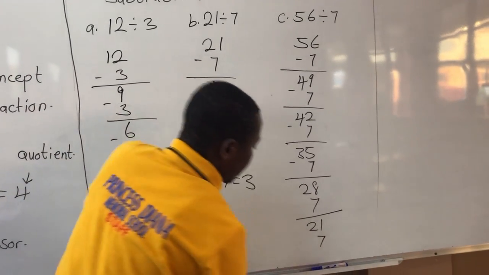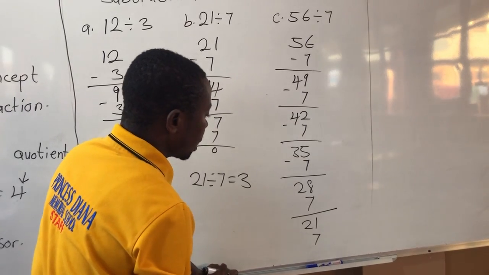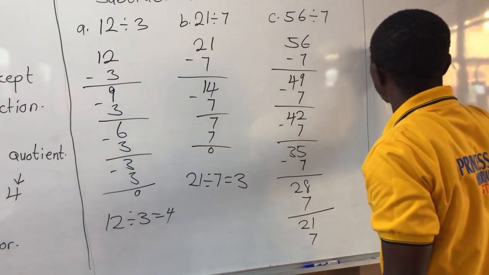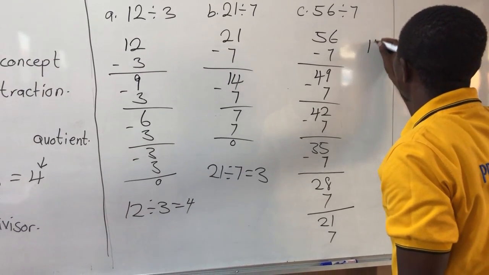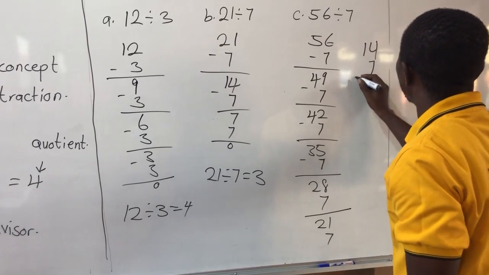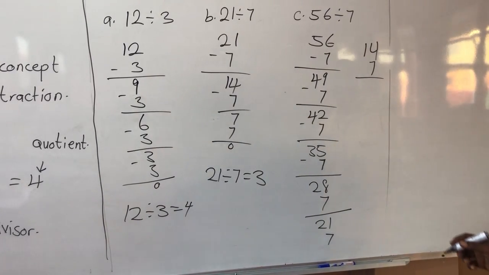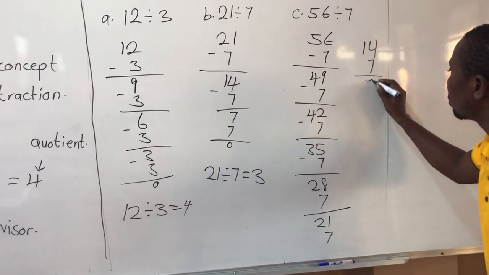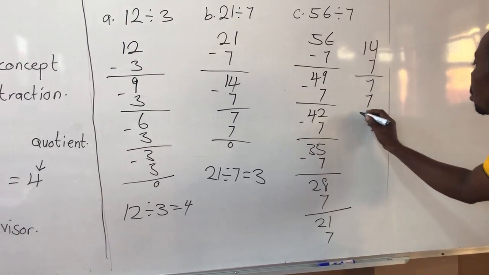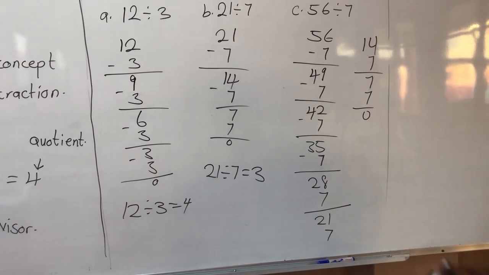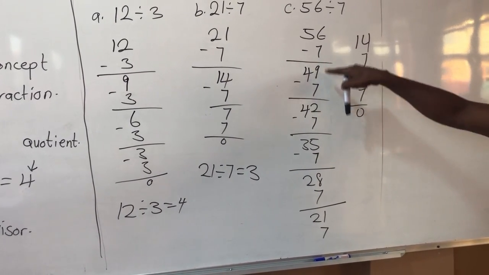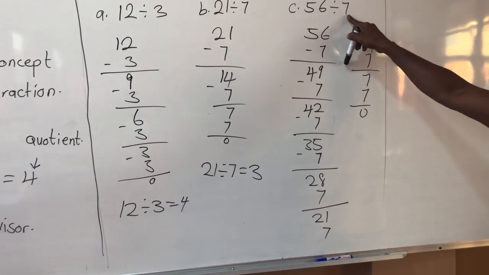Since 21 is not 0, we continue to subtract, to give us 14. Then we continue to subtract 7 from the 14, and it will give us 7. And this 7 is not 0. So we continue to subtract. Then it will give us 0. Good.